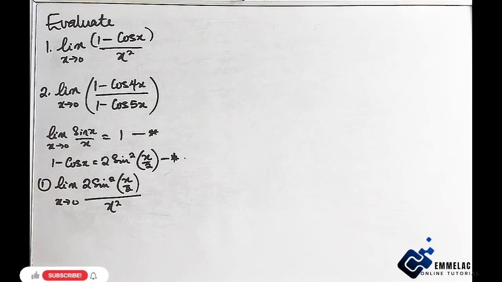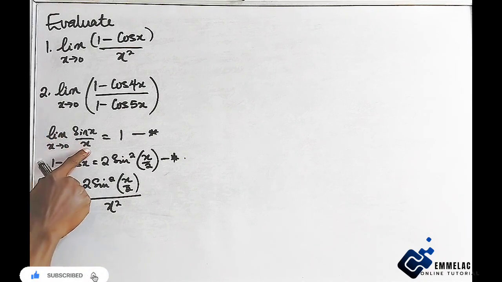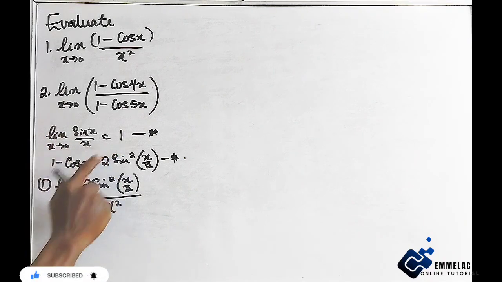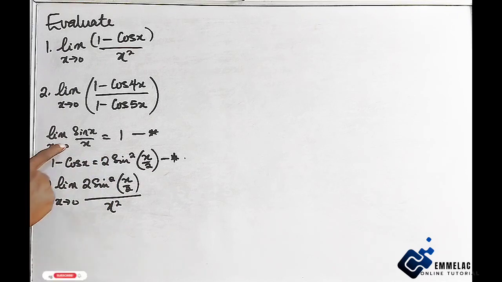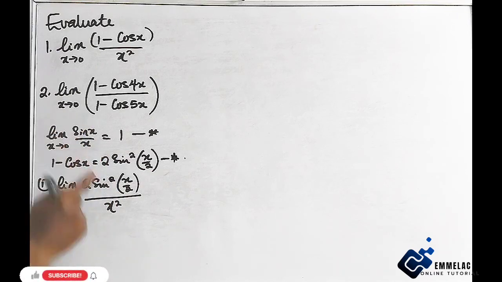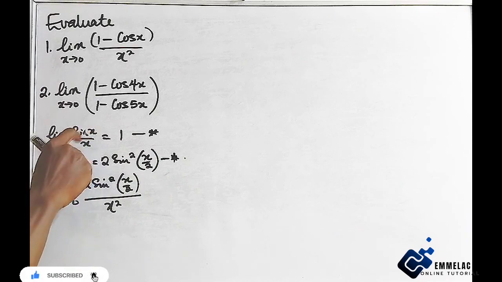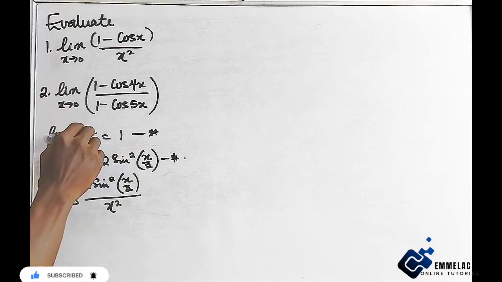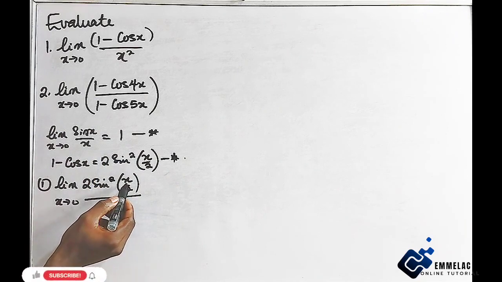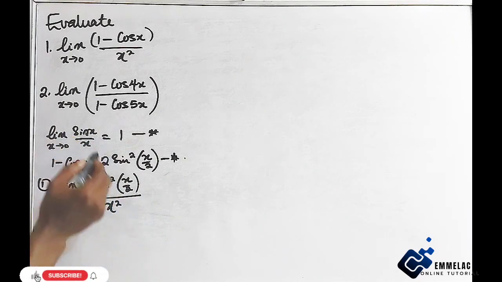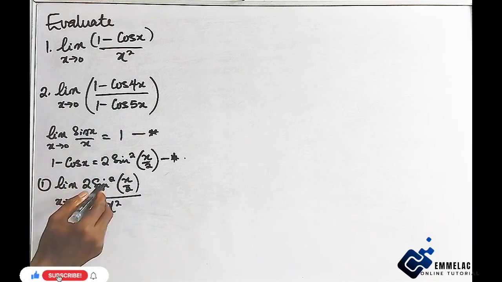Okay, now recall that this is part of the rule that the limit of sine x over x as x tends to 0 equals 1. Now let us find a way to resolve this function that will give us sine x all over x. Take note, here you can see it is x all over 2, so our x here is the same as x over 2.